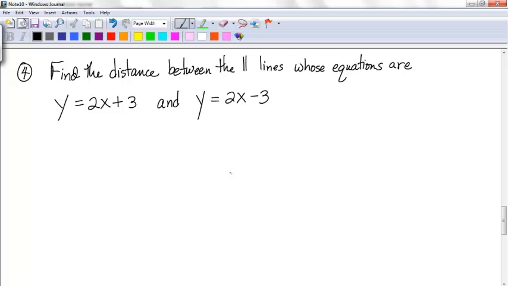Slopes have to be the same for them to be parallel. Their directions say round the distance to the nearest tenth.